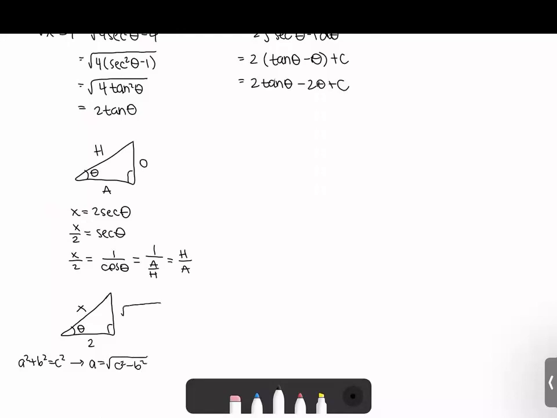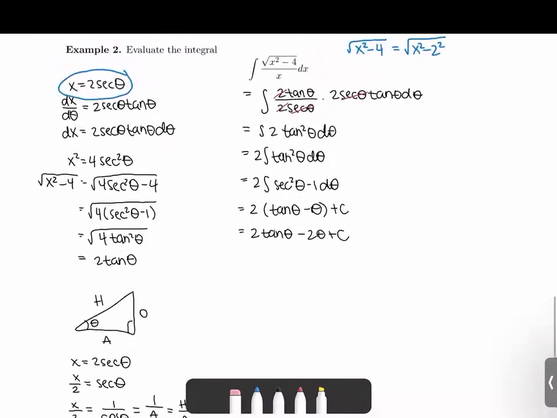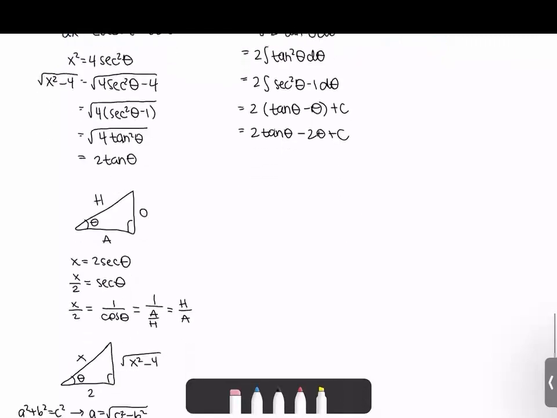So this square root is going to be x squared minus 4. And again, a good indication that you're doing this reference triangle right is that that was the initial square root that was in our integral. So oftentimes this is going to reappear whenever we're doing our reference triangle.